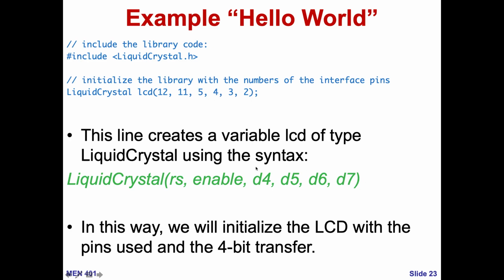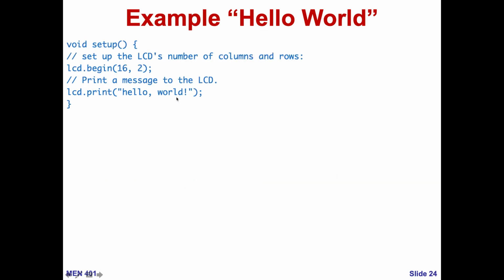By setting this syntax, I am telling the Arduino that these are the connections of my LCD, and since I put only 4 data pins and not 8, I am telling the Arduino that I am using the 4-bit transfer. This is how we initialize the library and the LCD.